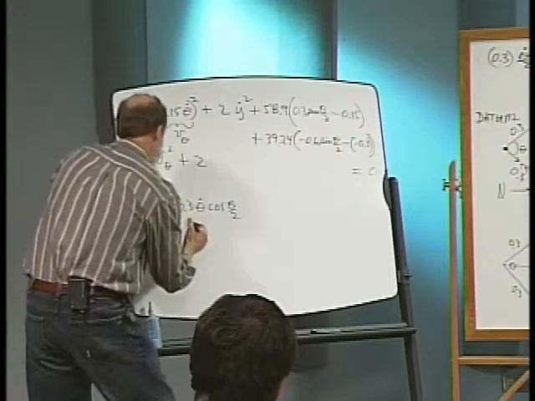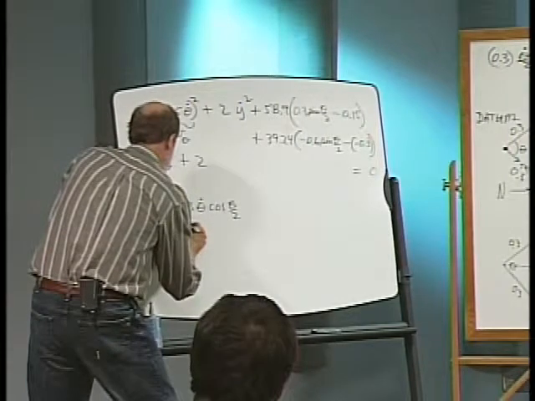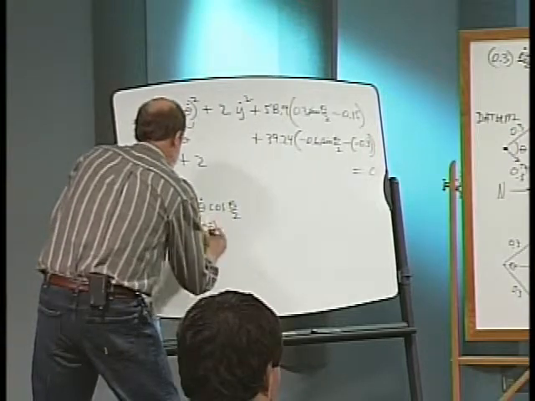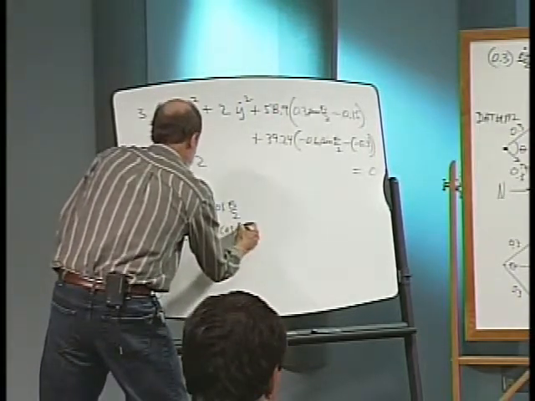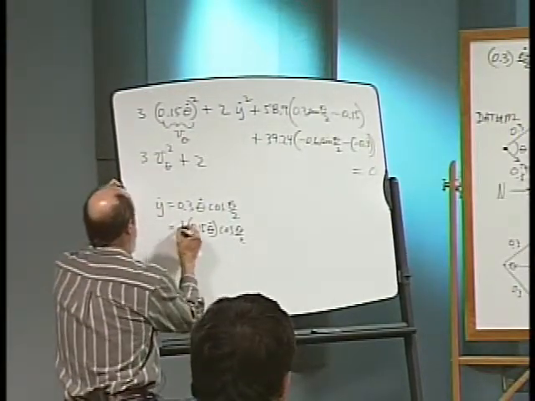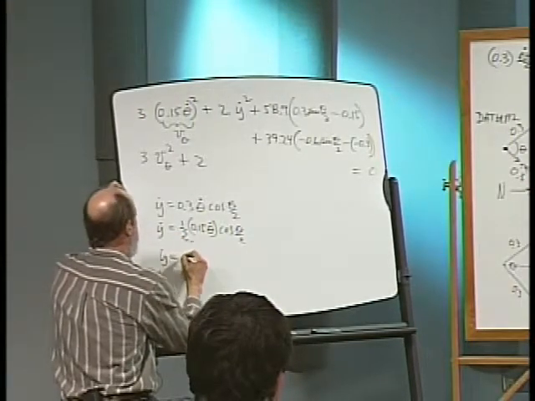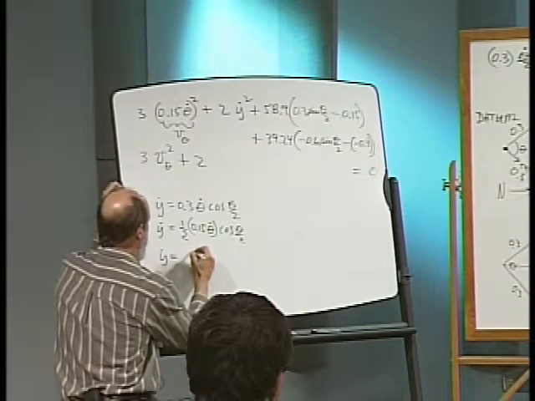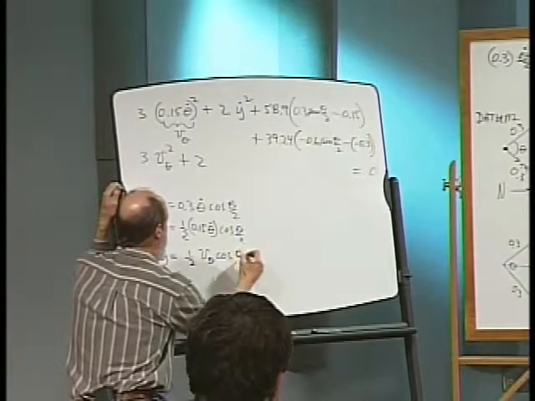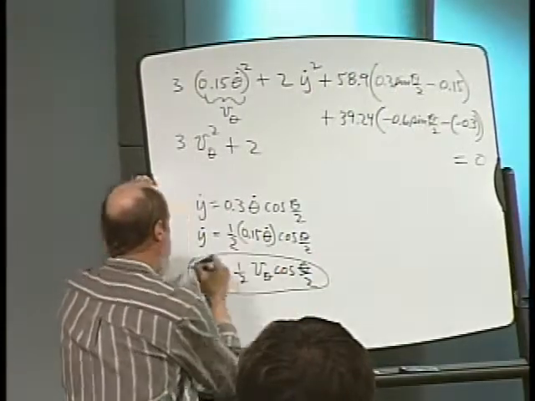So if I took half of 0.15 theta dot, that's the speed there, cosine of theta over 2, so my y dot term needs to be treated as if it's half of the v theta times the cosine of the theta over 2. So that's what I need to use to replace the y dot term.